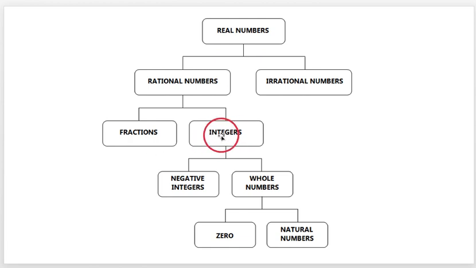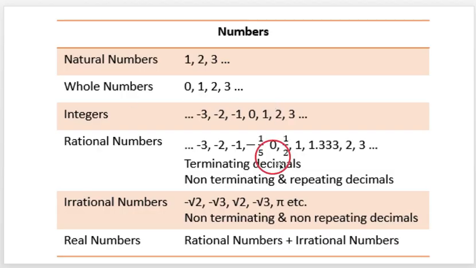Now the integers, if we add the fractions also with that, then what we get? Rational numbers. So what is a fractional number? A fractional number is like 1 by 2. This is our fractional number 1 by 2. You can write it in p by q form.